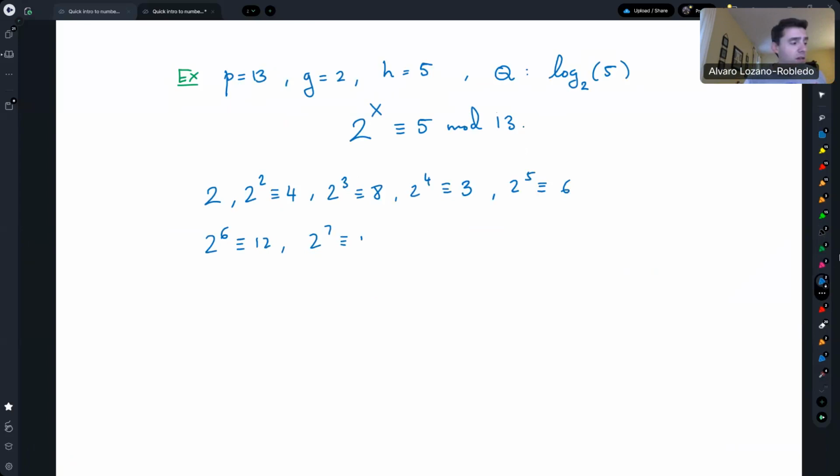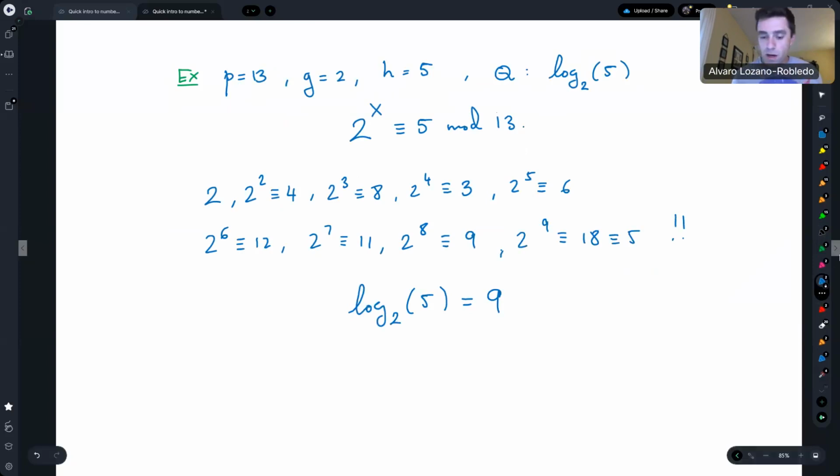That is 11. 2 to the 8 is 2 times 11, 22. And 22 is 9. And 2 to the 9 is 9 times 2, 18. And 18 is 5. So we've broken the discrete logarithm problem, and what I know now is that the logarithm in base 2 of 5 is 9.